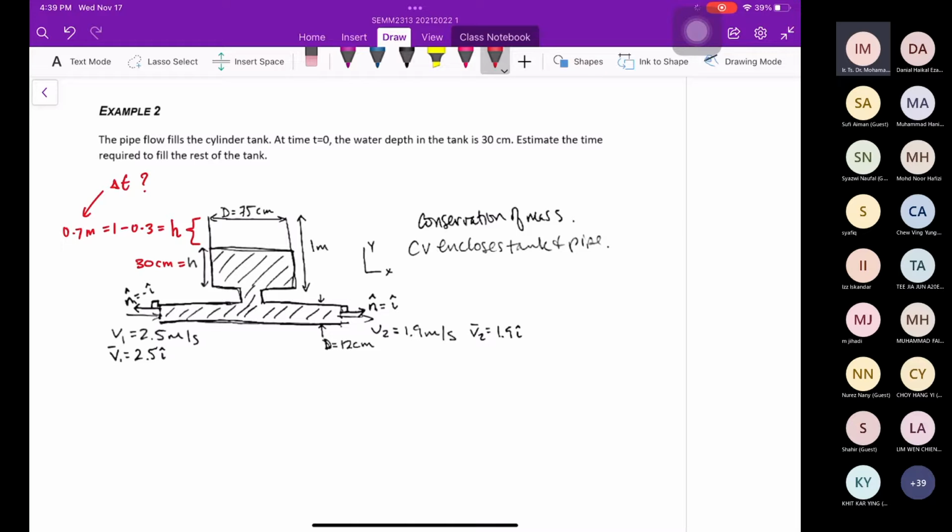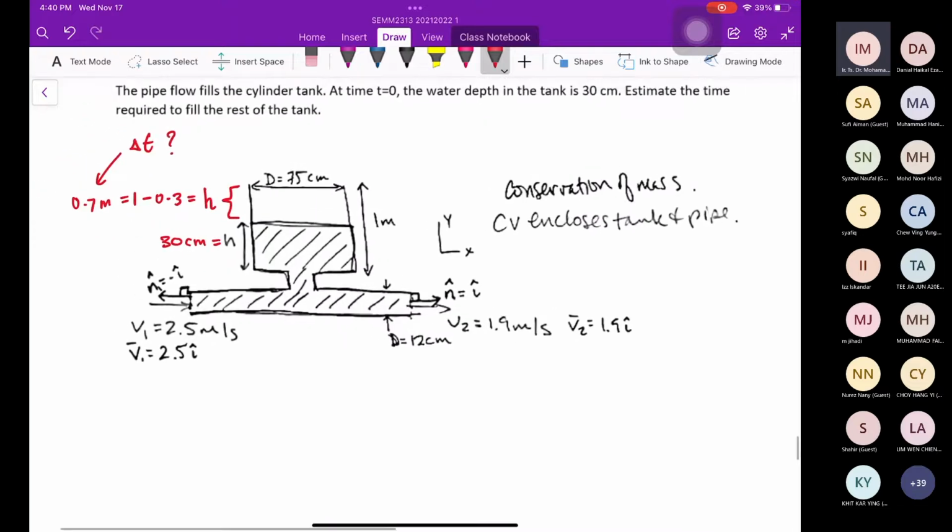So the first, when we look at here, we must understand the concept of conservation of mass, because the extensive property is now dealing with the flow of water. So first, let's assign the control volume. My control volume will be here. This is my control volume because I want to analyze the fluid flow within the control volume only.